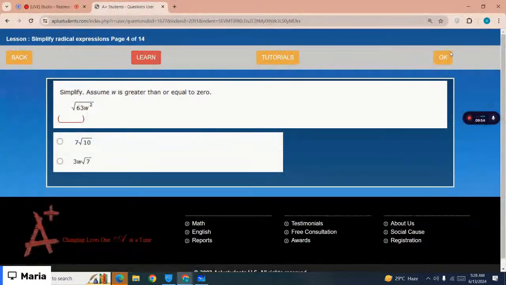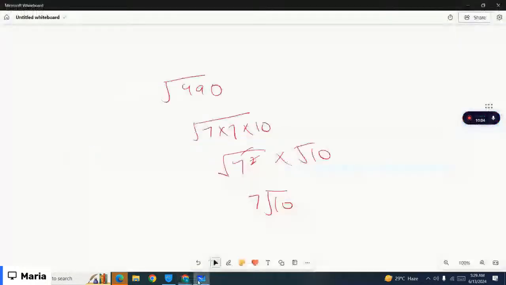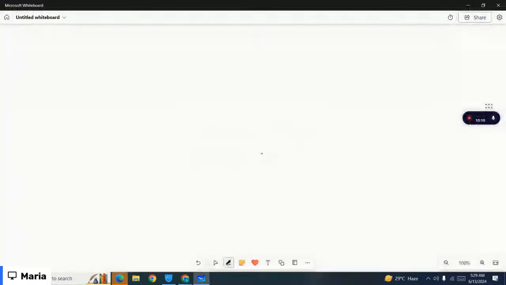Simplify 63w squared. Okay, 63. That would be 7 times 9, right? You can write 63 as 3 times 3 is 9 and 9 times 7 is 63, and you have w squared.